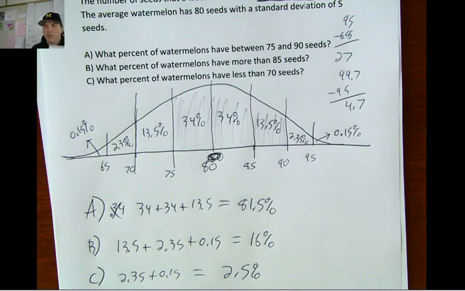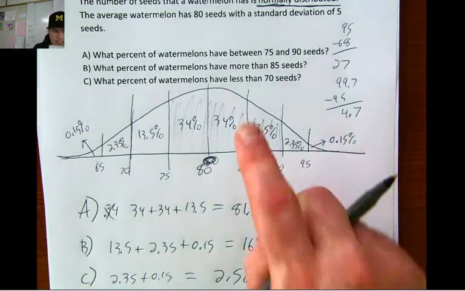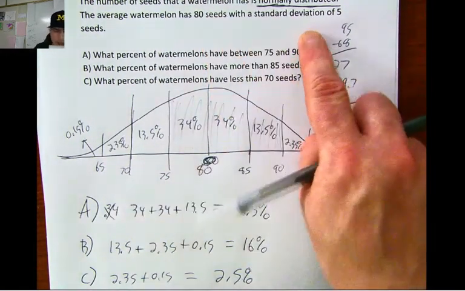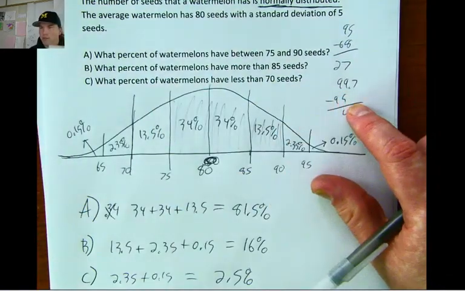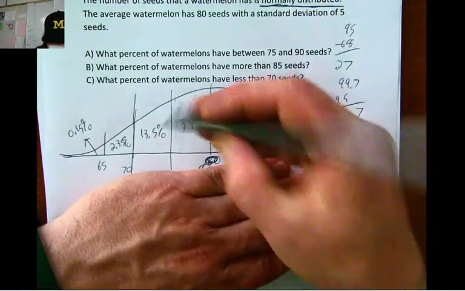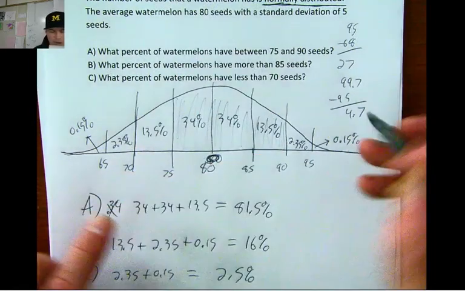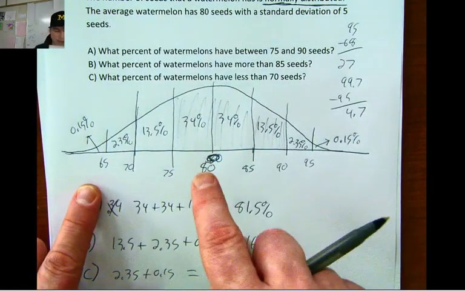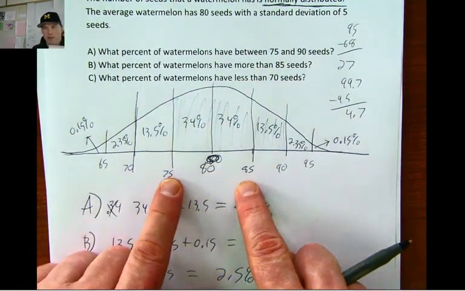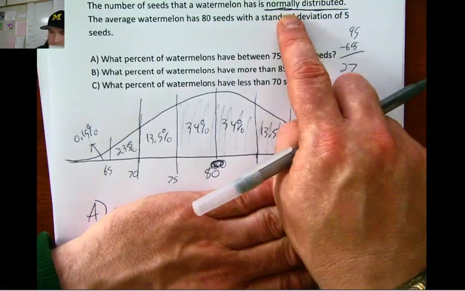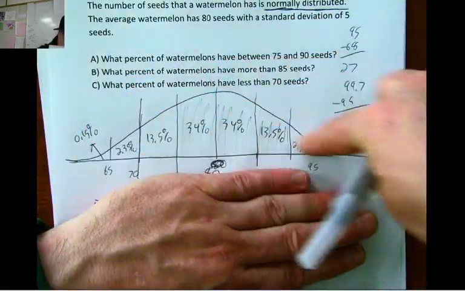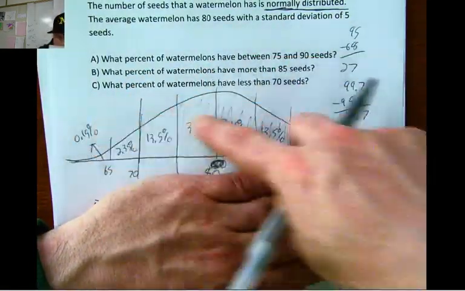That's how all of these problems work out. You get the mean and the standard deviation, you build the graph. And this graph is always the same. This top part's always the same, only the bottom changes because you have a different mean and a different standard deviation. But because it's normally distributed, these numbers up top will always remain the same.